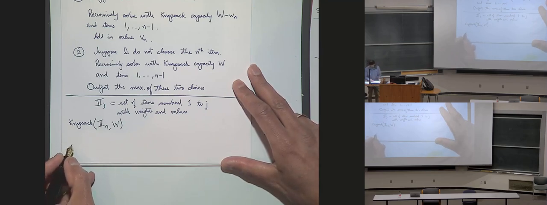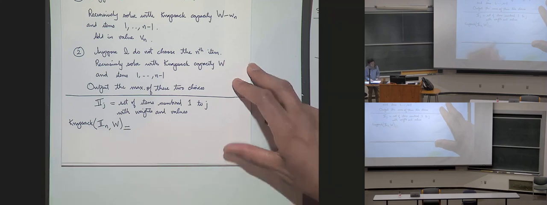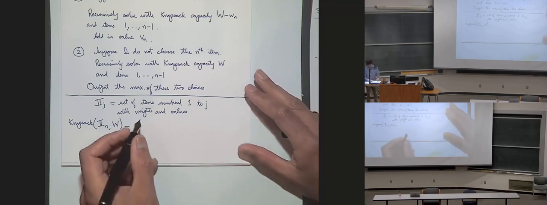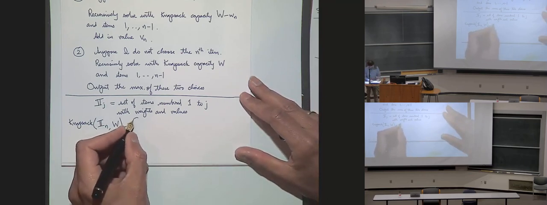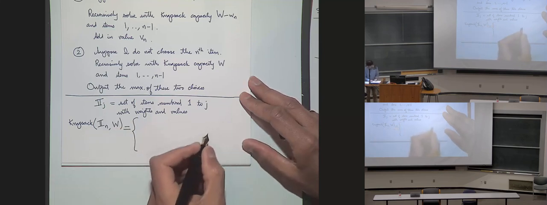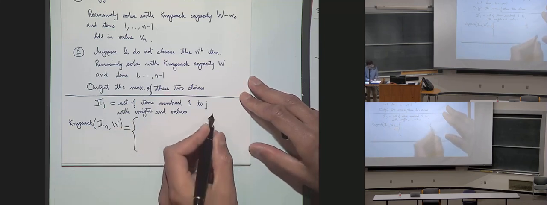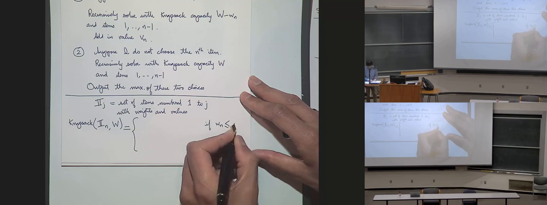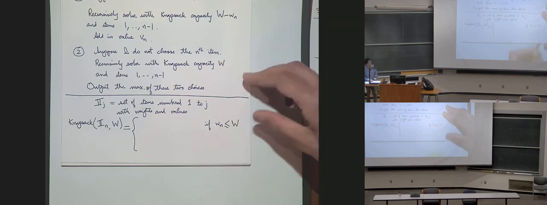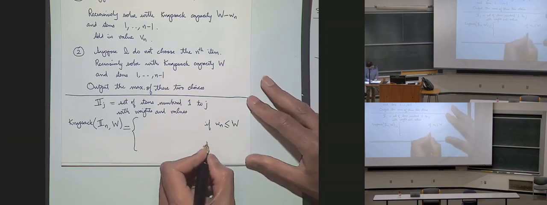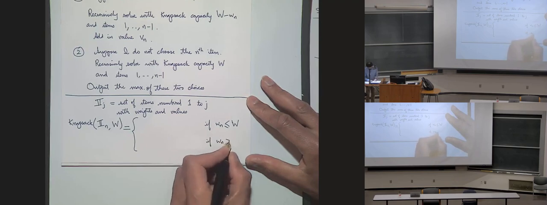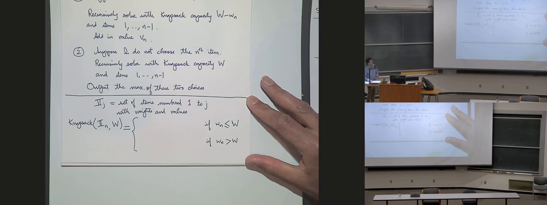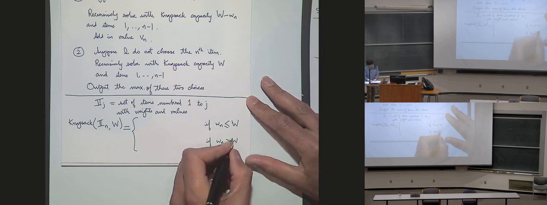So I'll write this out as follows. If w_n, that item, has a weight that is greater than W, well then there's really nothing to do.